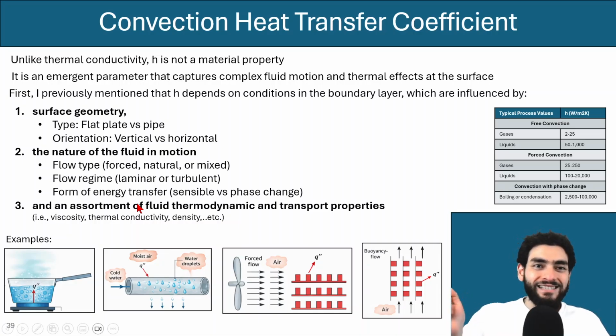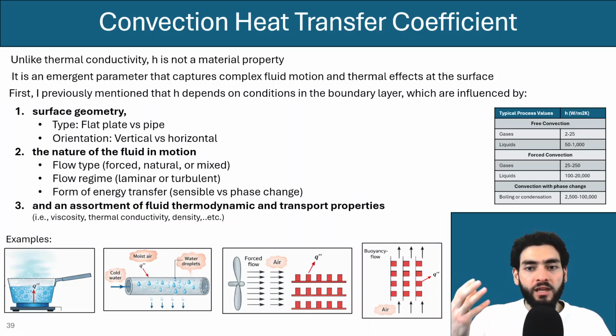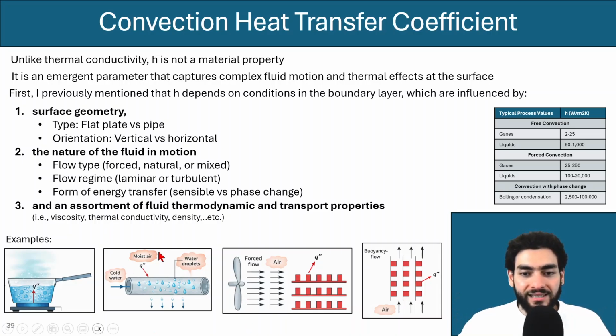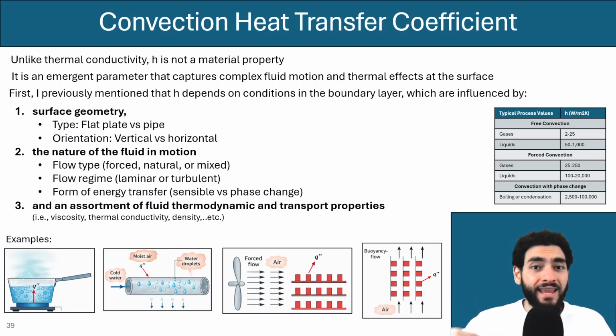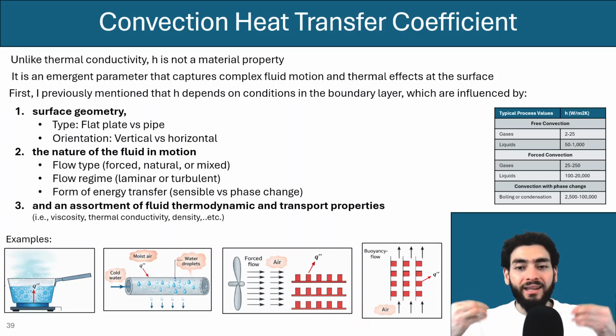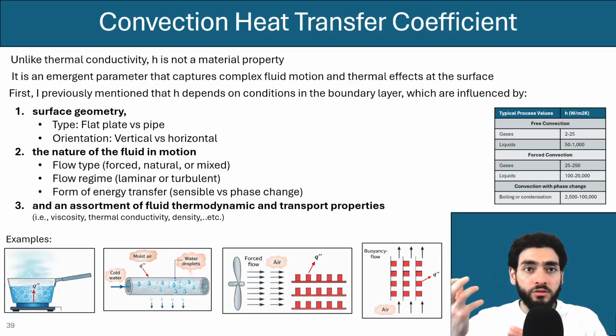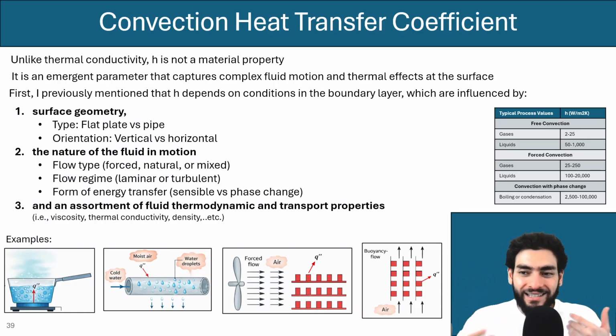Is it just sensible heat, so you're just cooling something, or is there a phase change occurring? As you see in this example, if you have cold water running inside pipes, and you are, let's say, cooling down air that has humidity in it, then you might have water droplets that crash out. And when there are associated phase changes, then the heat transfer convection coefficient changes.